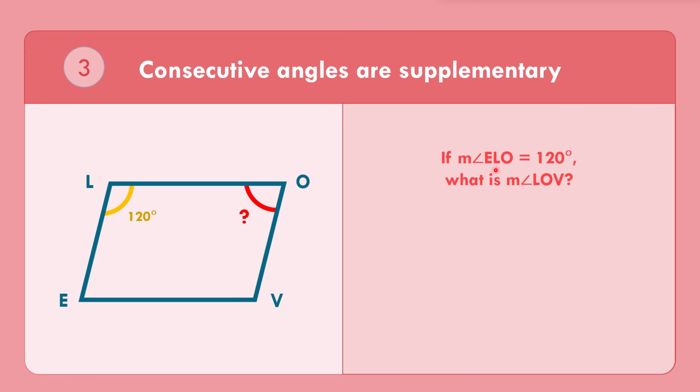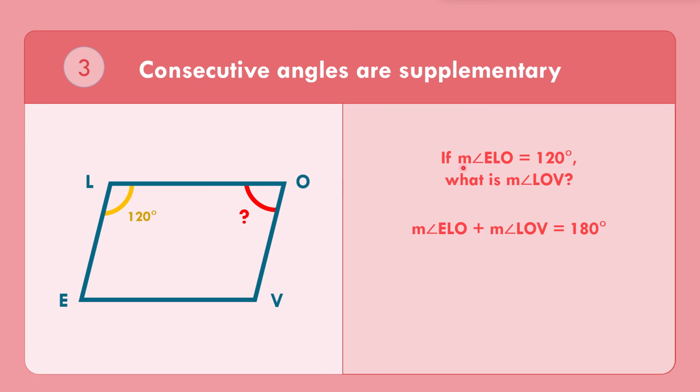If the measure of the angle ELO is 120 degrees, let us identify the measure of the angle LOV. So the measure of the angle ELO plus the measure of the angle LOV is equal to 180 degrees.